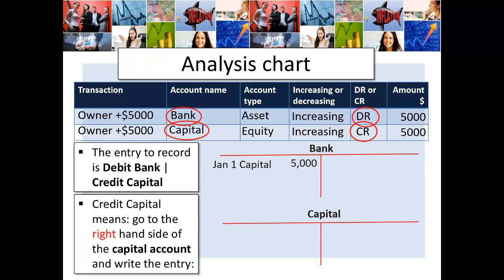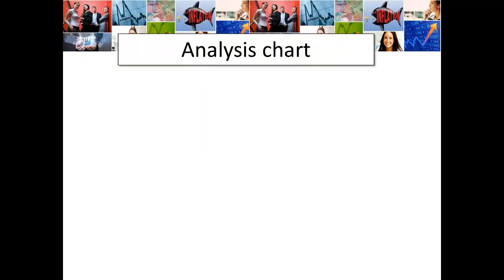Credit capital means goes to the right hand side of the capital account and write the entry January 1st, same date, bank. So bank, the cross reference is capital, capital, the cross reference is bank, and the amount, of course. Simple, logical, step by step.